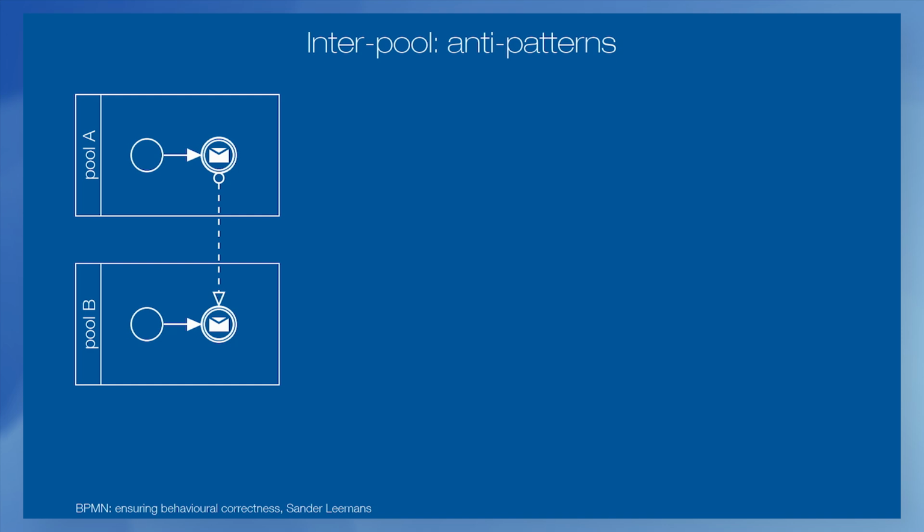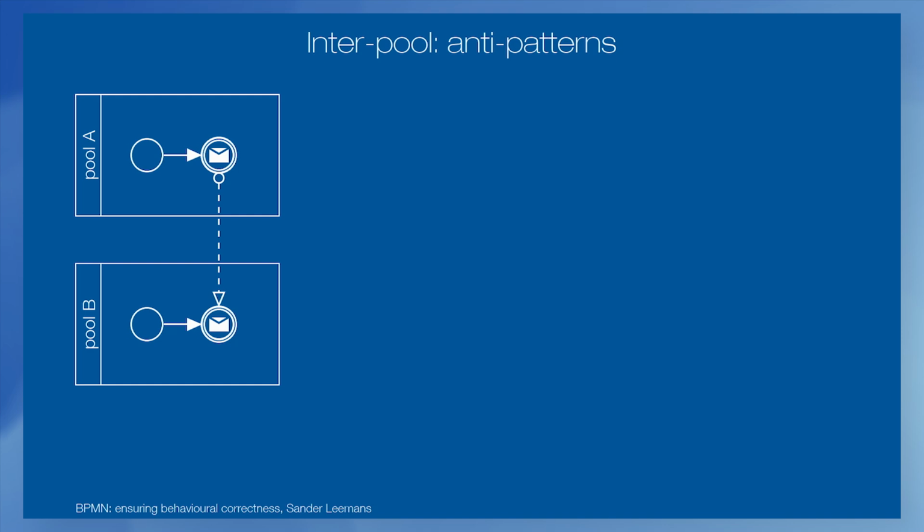In this first anti-pattern, it is unclear who starts the process. Both pool A and pool B have an empty start event, so that means that the environment determines who starts the process. However, the environment will do this for only one of them. So one of pool A or pool B will start the process.